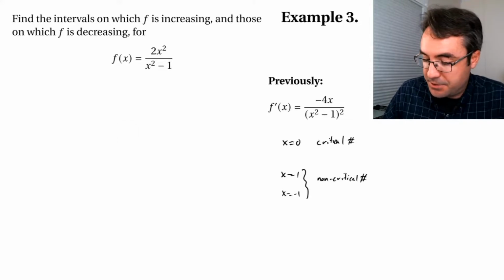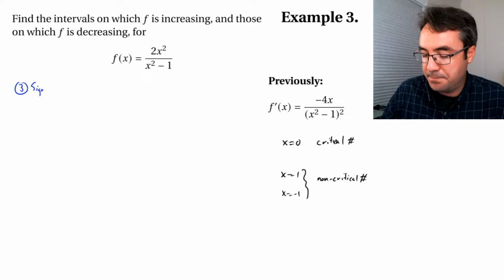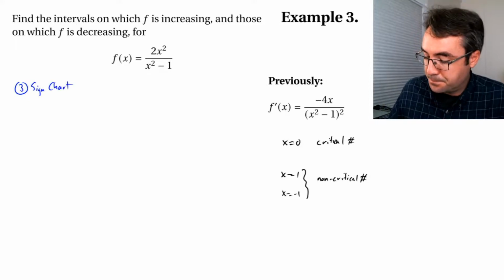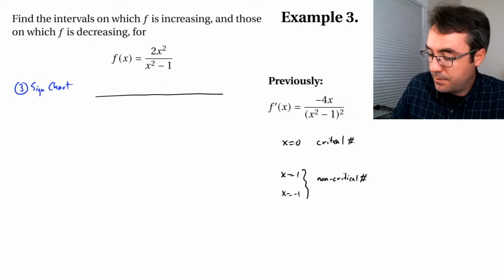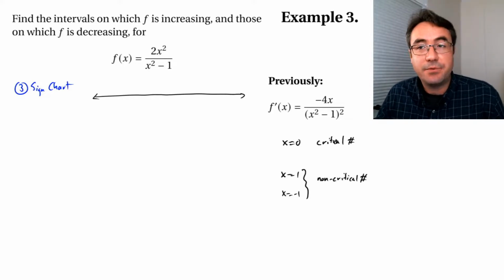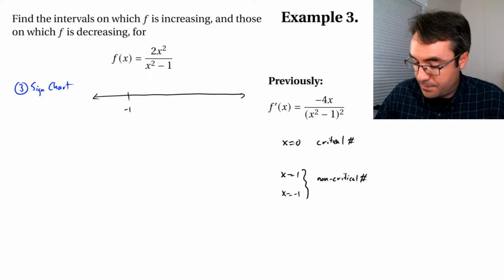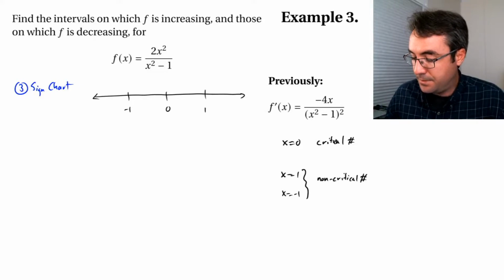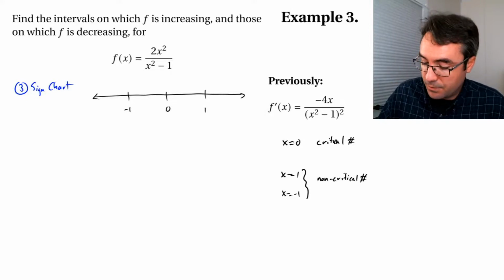All right, so let's do our sign chart. Get our sign chart set up. We're going to draw our x-axis, and plot those numbers that we found: negative 1, 0, positive 1. x equals 0 was a good critical number, so we'll fill that in with a closed dot.